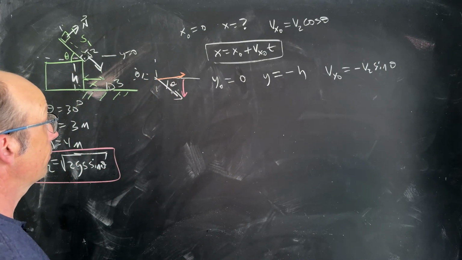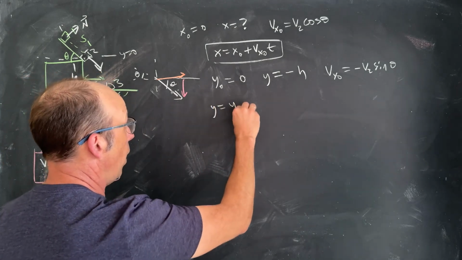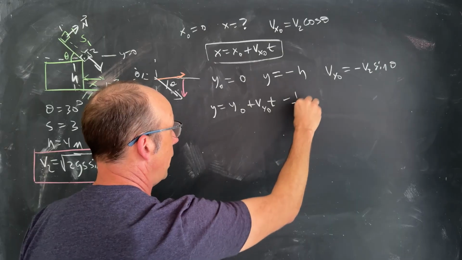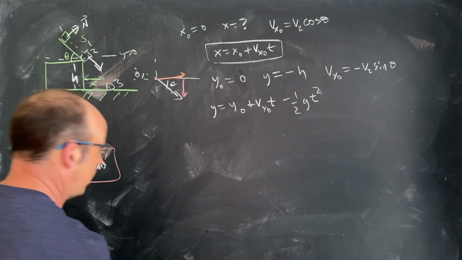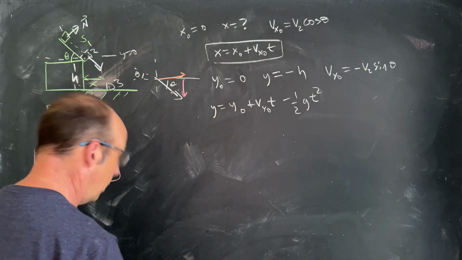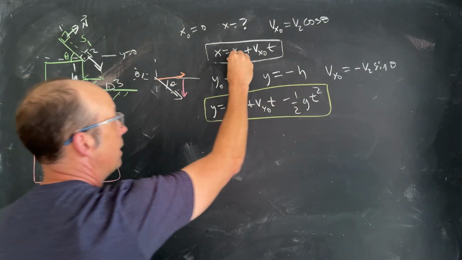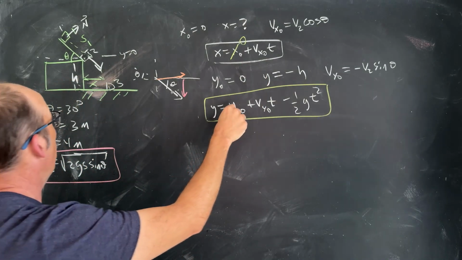Okay. Now I need the kinematic equation for that. I have y0 plus vy0 t minus 1/2 g t squared. And I should put a box around that. Now up here, actually that's 0. We already said that. And down here, one of these is 0, and that's this.